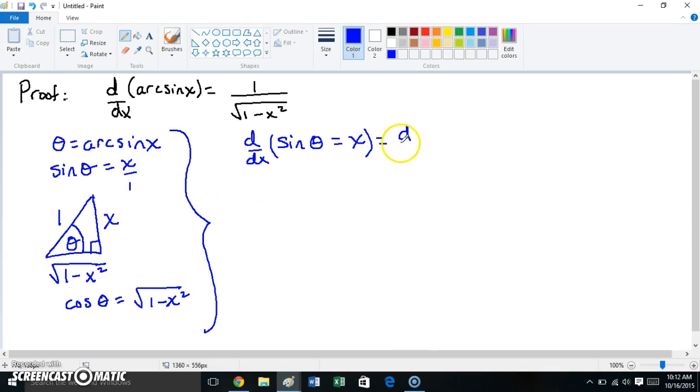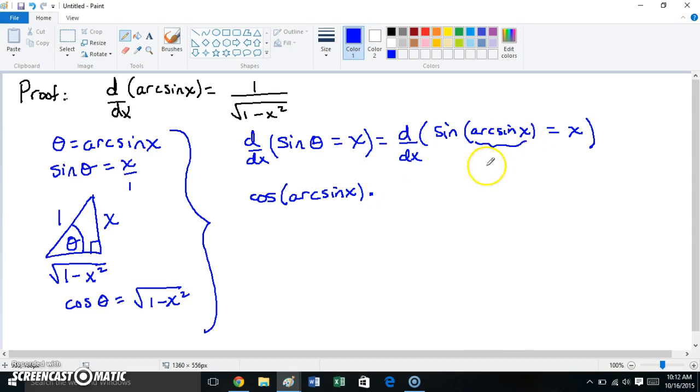So again, I'm going to write this as the derivative of the sine of arcsin of x equals x. Taking the derivative of both sides, the derivative of sine is cosine. So cosine of arcsin.